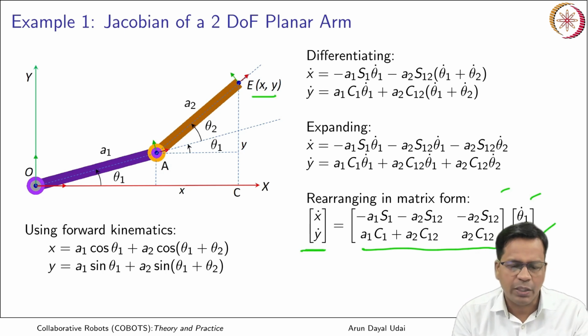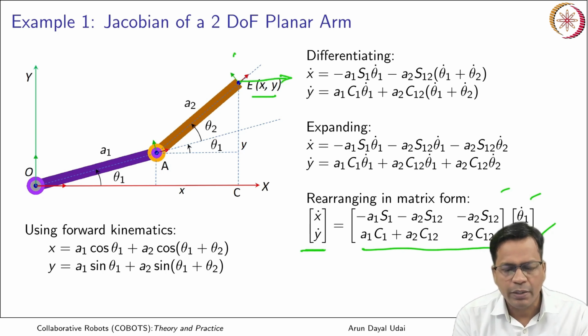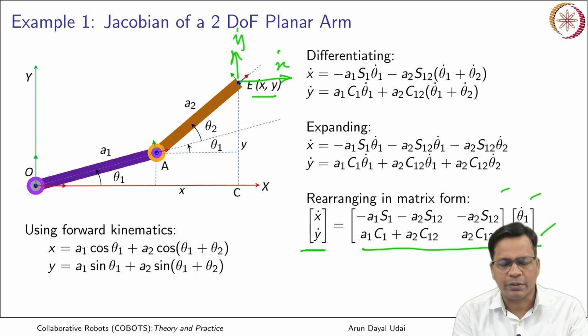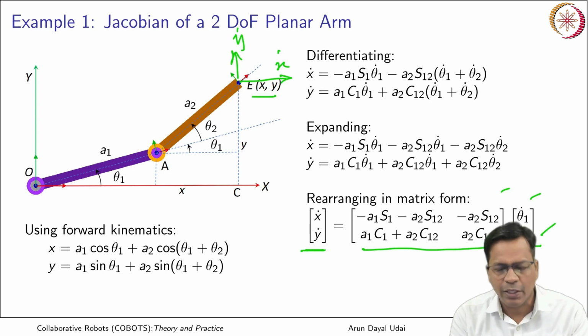In the case of a 2R manipulator, it can only move in two linear directions. This is your x dot direction, this is your y dot direction. It cannot rotate because you do not have that degree of freedom in this type of robot. So what is this basically?